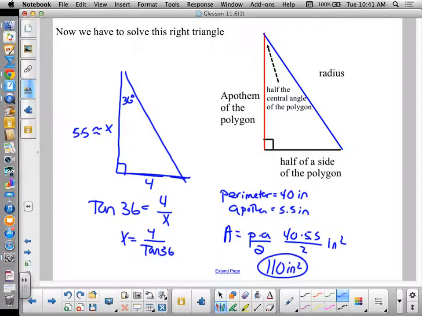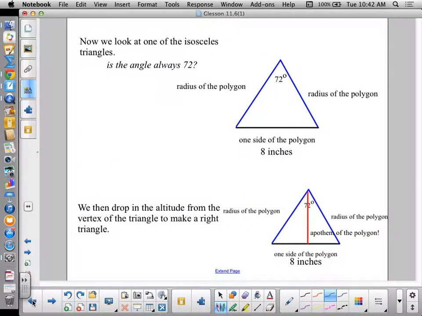The other way we could have gotten that is we could have built it up too. We could have said, okay, the area of this triangle is 4 times 5.5 divided by 2. So the area of this triangle is 11 inches squared. And if that area is 11 inches squared, we could have built it back up.